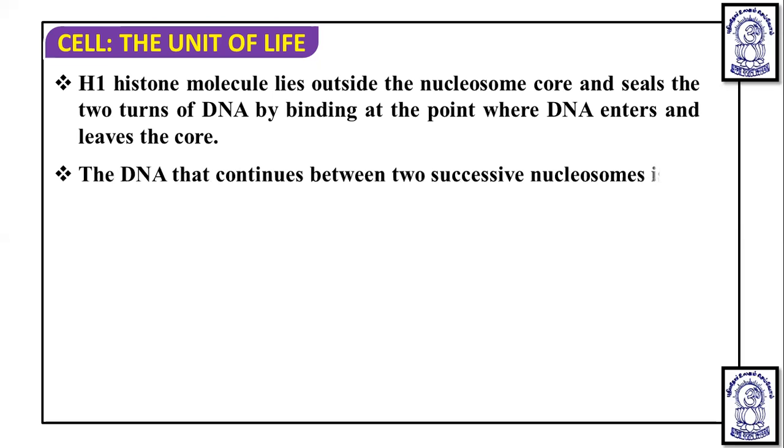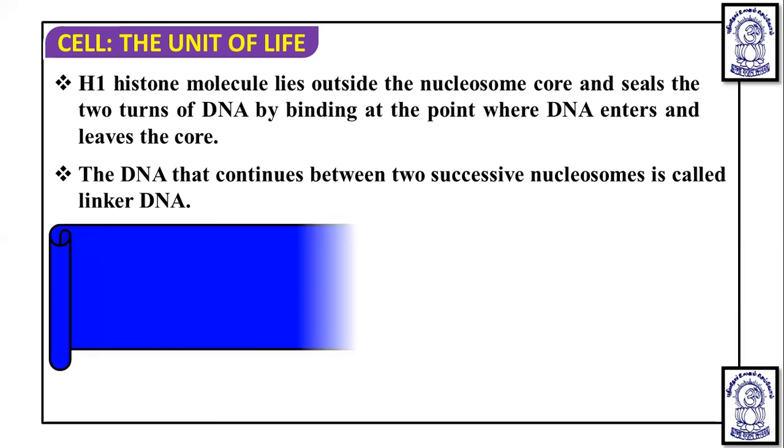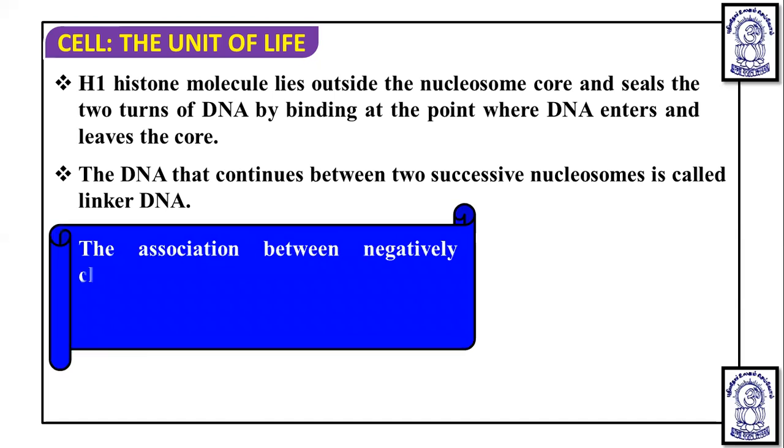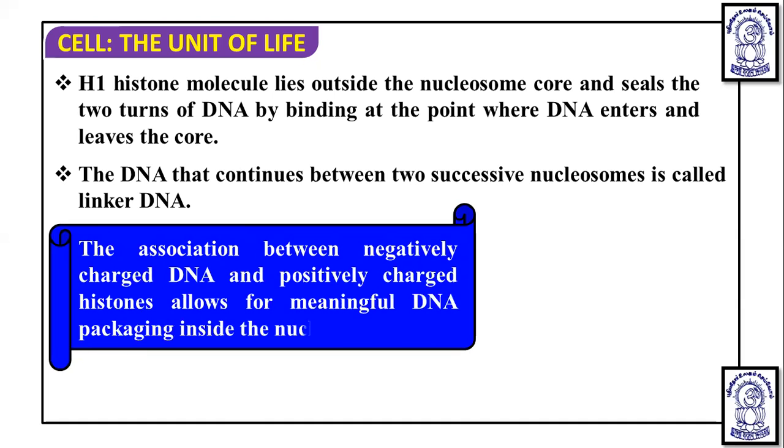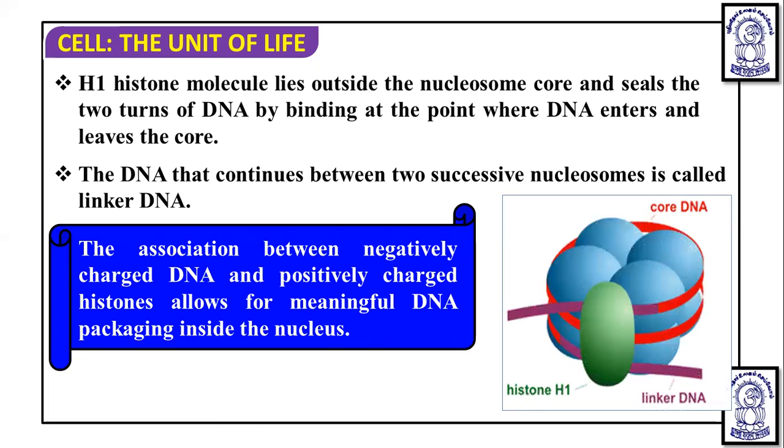Now, the DNA that continues between two successive nucleosomes is called linker DNA. So this H1 histone is linked with this linker DNA. And linker DNA is nothing but the DNA between two successive nucleosomes. The association between the negatively charged DNA and positively charged histone allows the meaningful DNA packaging inside the nucleus. You will see that it looks like this.